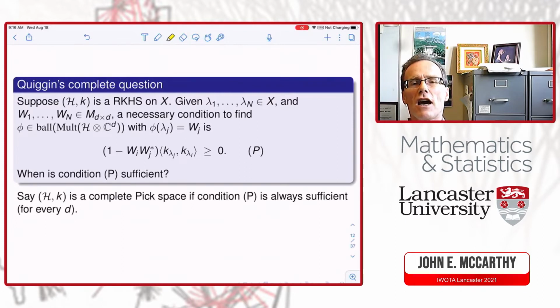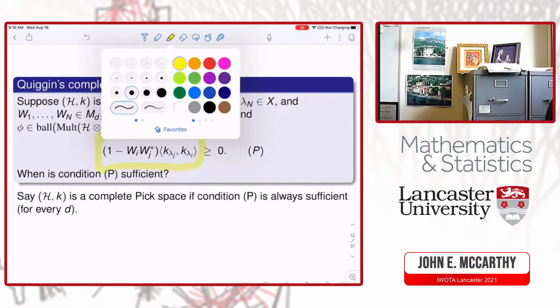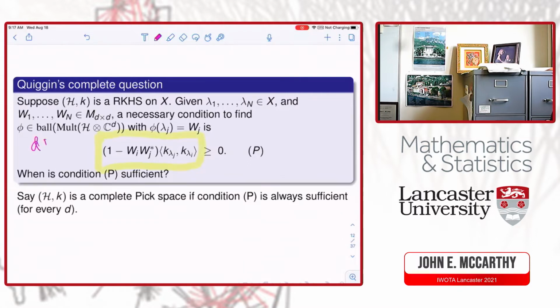And then in particular, if you cut it down to the span of the kernel functions, you get condition P here, that 1 minus Wi Wj star, that's now a D by D matrix, and you multiply it by the inner product of k lambda j with k lambda i. So this will be a large matrix that's size dn by dn. That has to be positive semi-definite. And then that would be the Pick condition.